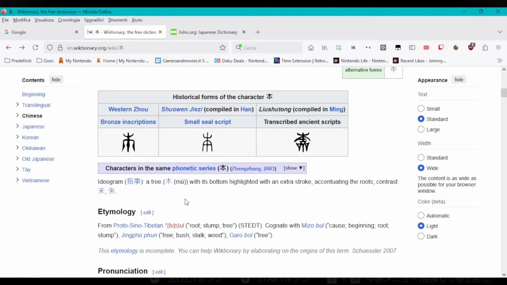to have an ideogram, because the additional stroke highlights the roots. It's even clearer in the historical forms of the character.